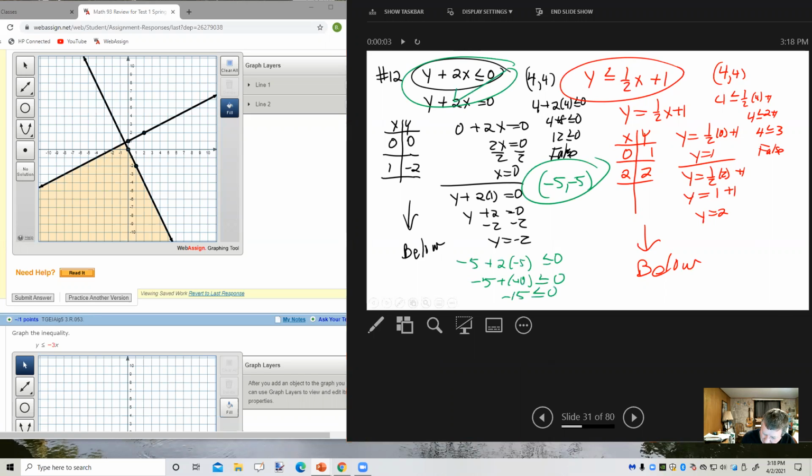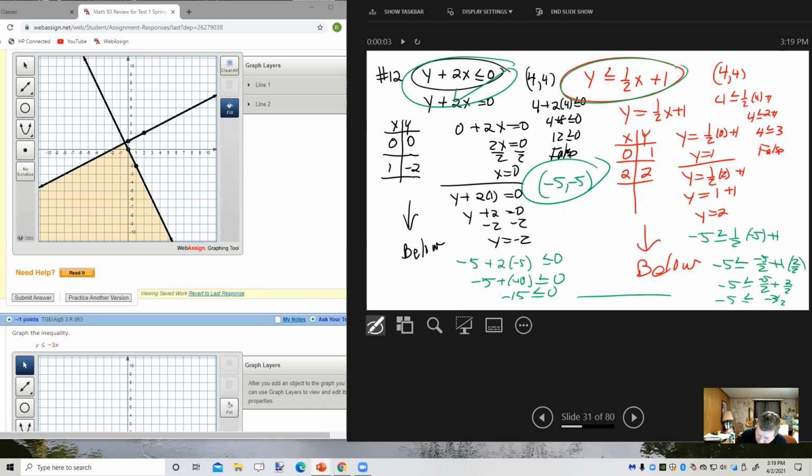That one checks. Let's put it in over here. -5 less than or equal to 1/2 times -5 plus 1. -5 less than or equal to -5 halves plus 1. -5 halves plus 1 would be the same thing as 2 over 2. So -5 less than or equal to -3 halves.